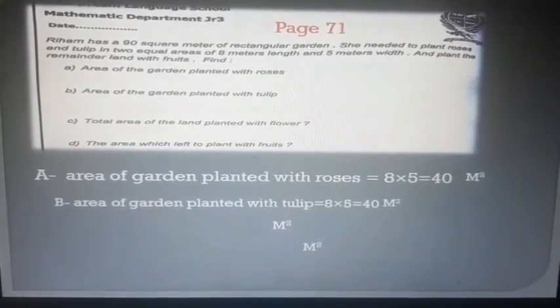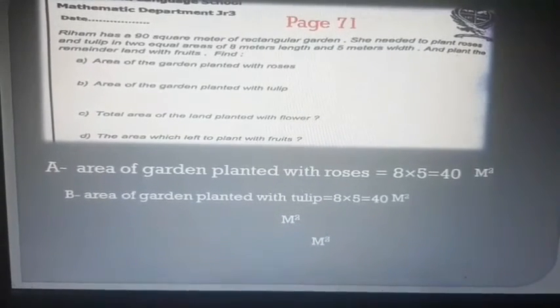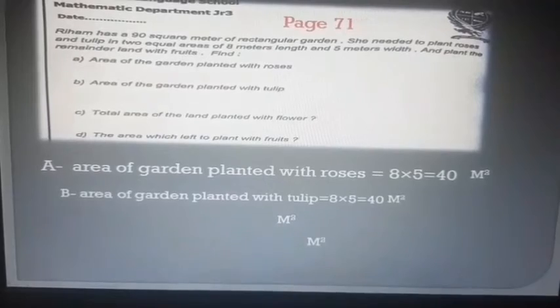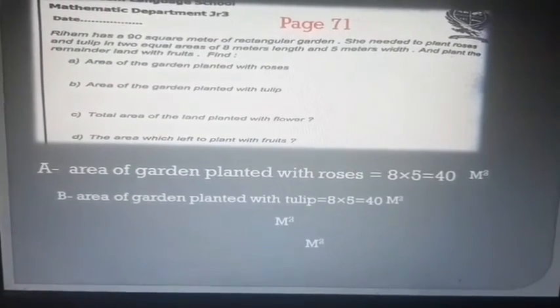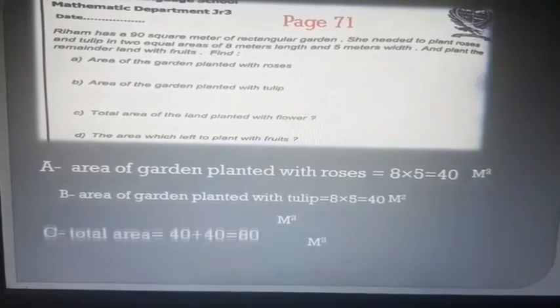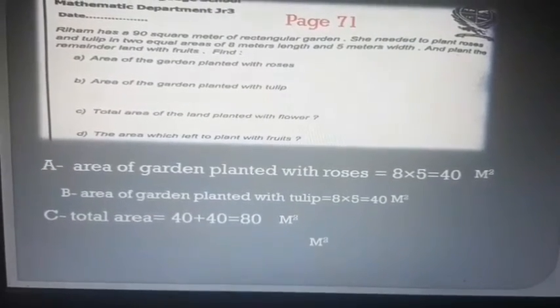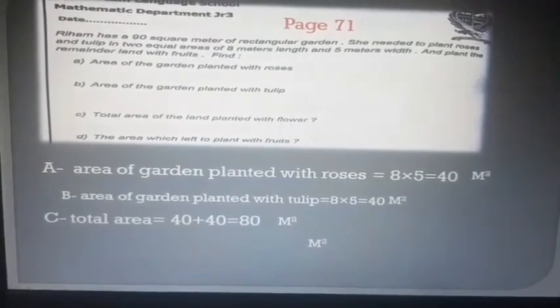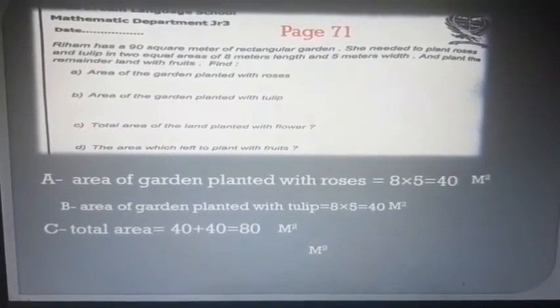Letter C, the total area of the land planted with flowers. Okay, so I will make here what? Yes, plus between tulips and roses. So the total area equals 40 plus 40 equals 80 meters squared. Letter D, the area which is left to plant with fruits.